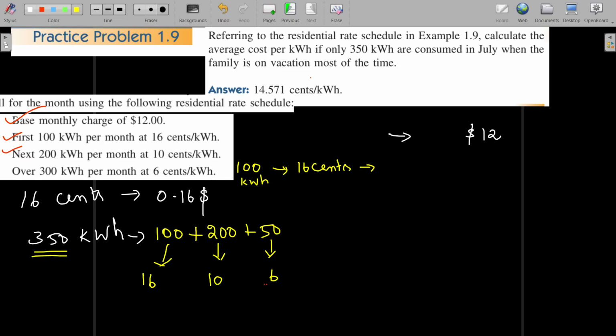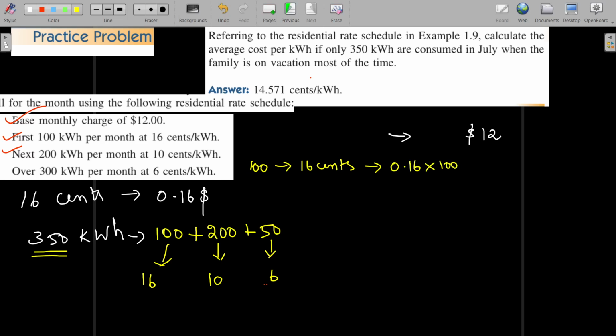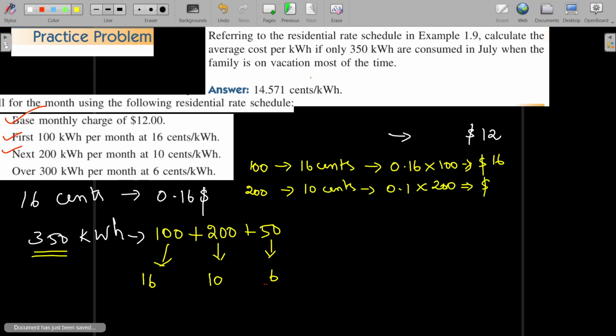So for the first 100 kilowatt hours at 16 cents per kilowatt hour, the total cost is $0.16 multiplied by 100, which is $16. Then for the next 200, it is 10 cents per kilowatt hour, so 0.1 times 200, that is $20.